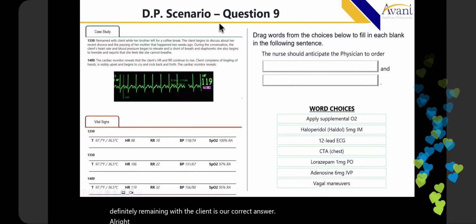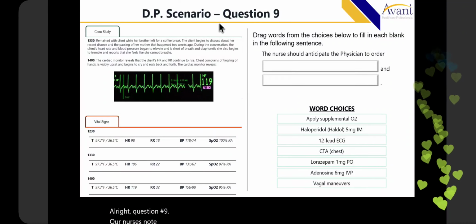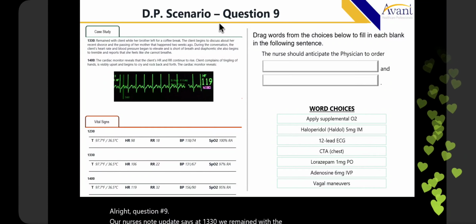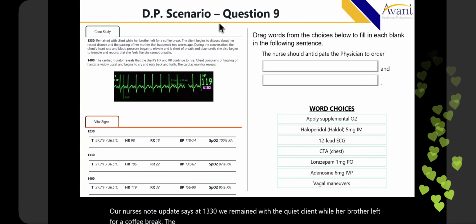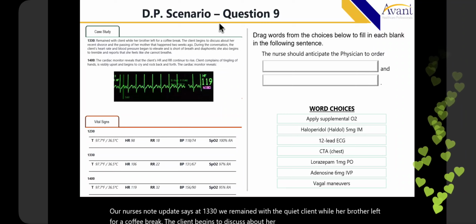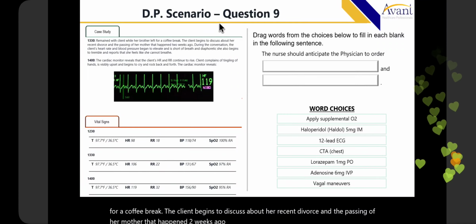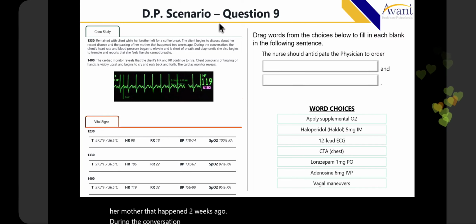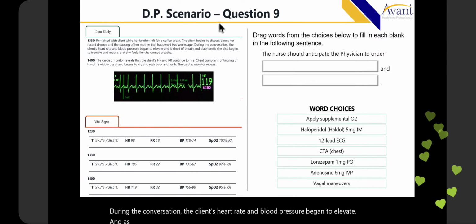All right, question number 9. Our nurse's note update says at 13:30, we remained with the client while her brother left for a coffee break. The client begins to discuss her recent divorce and the passing of her mother that happened 2 weeks ago. During the conversation, the client's heart rate and blood pressure began to elevate and she is short of breath and diaphoretic.